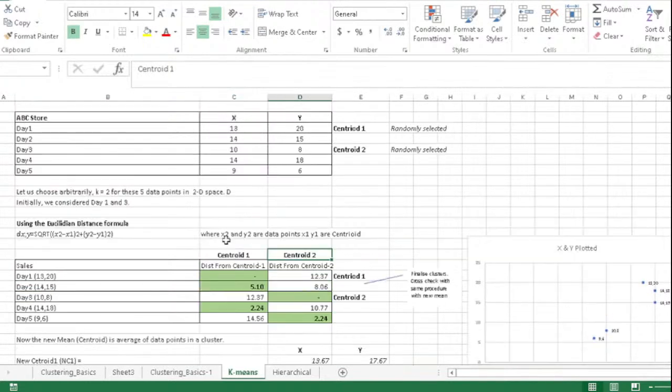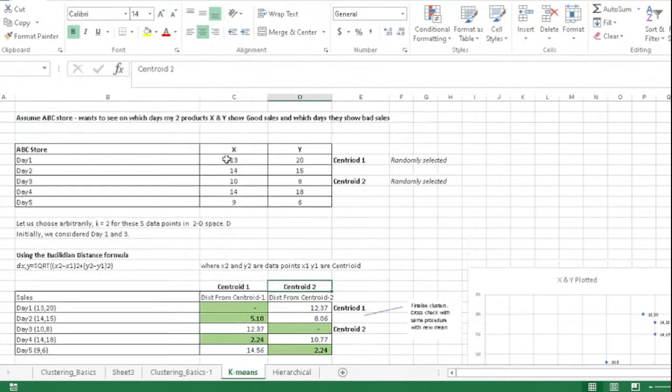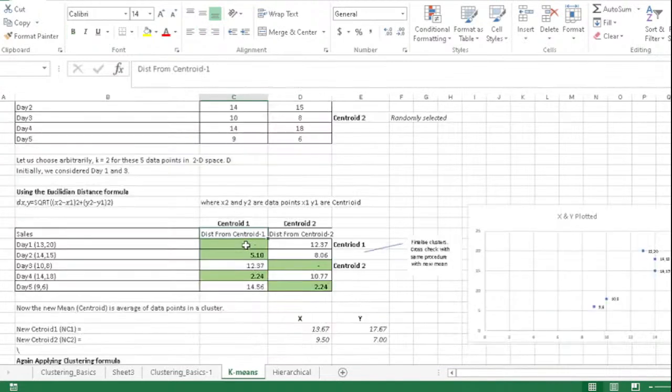My first centroid is day 1, so the distance becomes 0, because both are the same data point. And then I calculate the distance for all other data points.